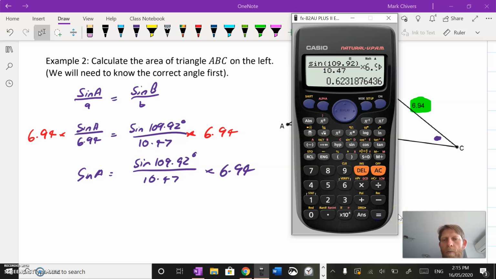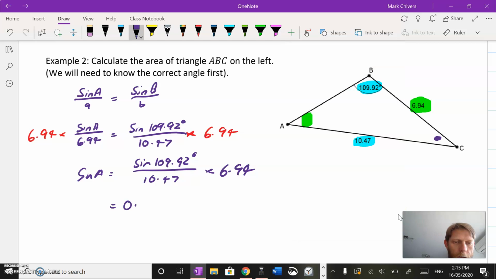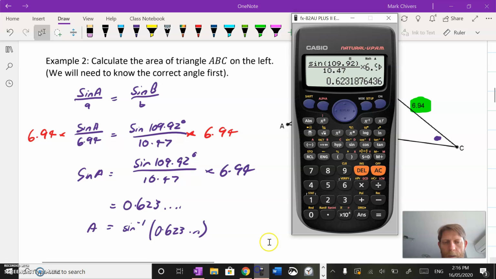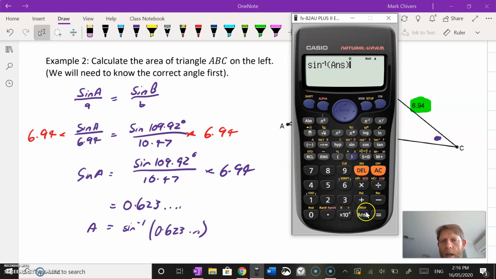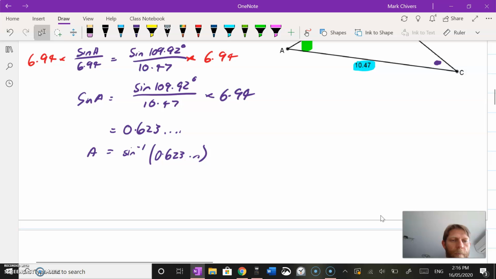And so we're going to go with 0.623 and a whole lot of other stuff on our calculator. So A is going to equal sine to the minus 1 of 0.623. Once again, use that answer key. So shift sine of whatever is in the answer there will give us our angle, which will go to 2 decimal places because the other angle's to 2 decimal places. So that's 38.55.